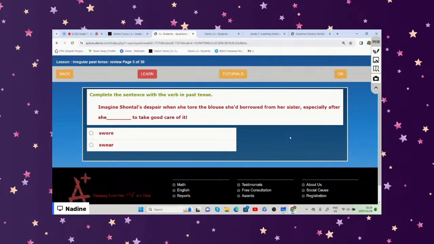Imagine Chantal's despair when she tore the blouse she'd borrowed from her sister, especially after she, do we say, swore or swear to take good care of it? Did she swore or swear to take good care of it?